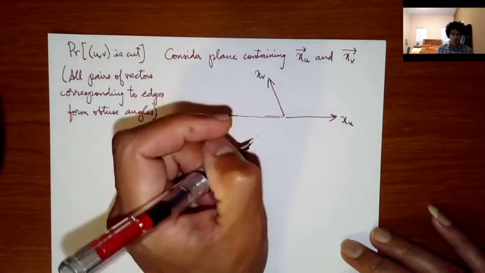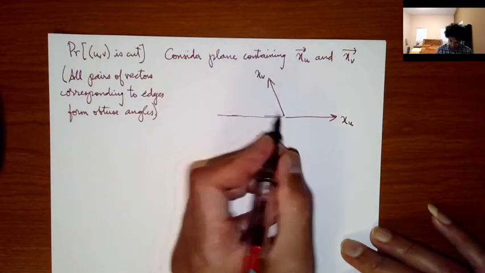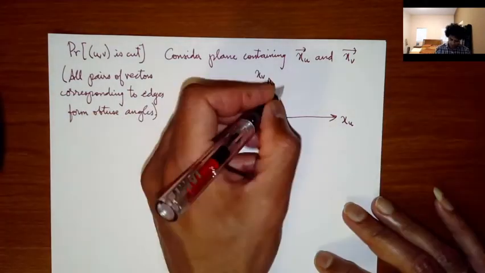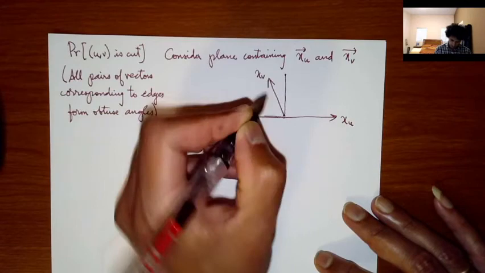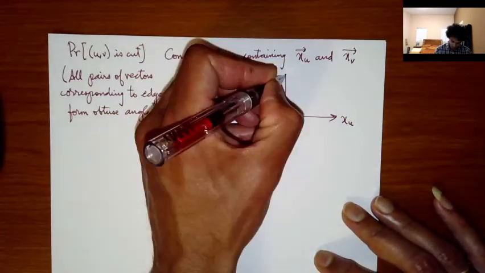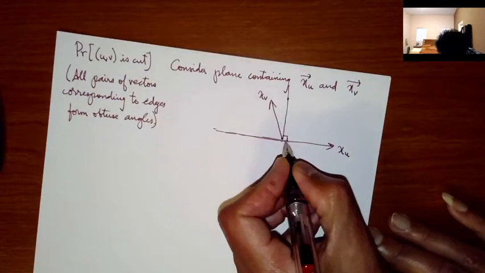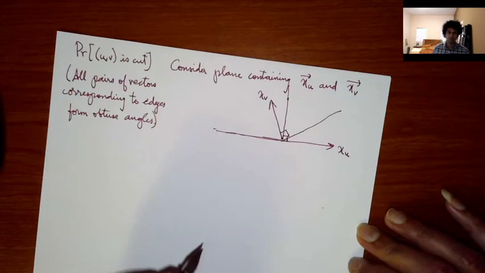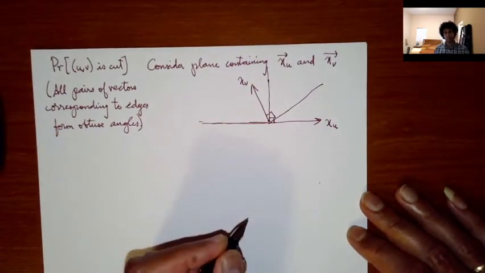I'm going to draw out a few directions here. First, this is just extending it here. And I'm going to now draw this so that this is a 90-degree angle. And then I'm going to draw this direction here so that this is a 90-degree angle.